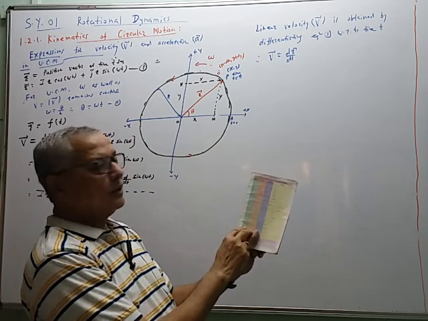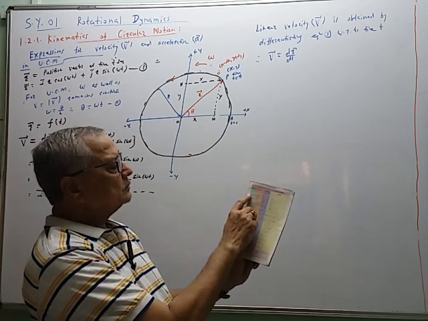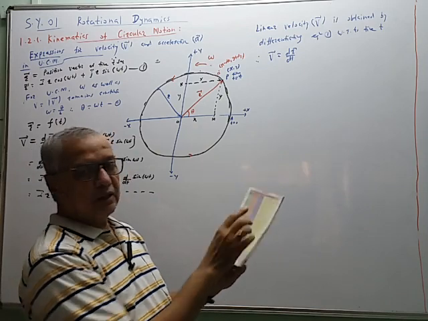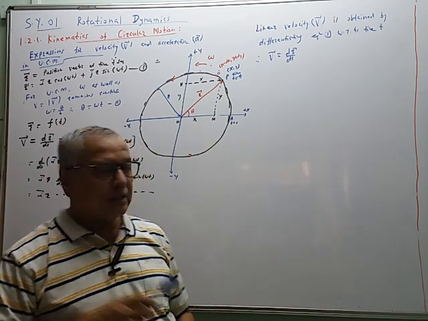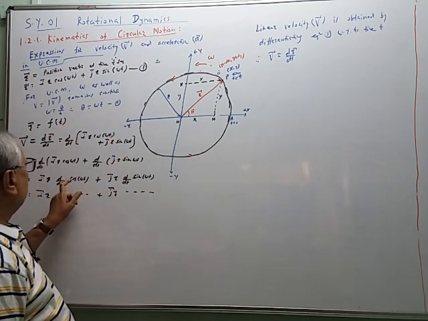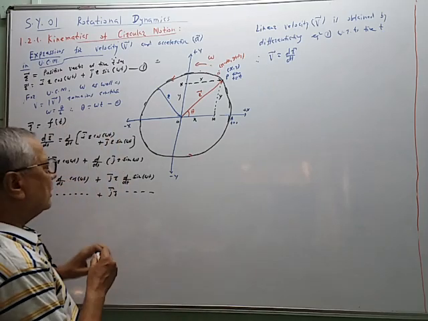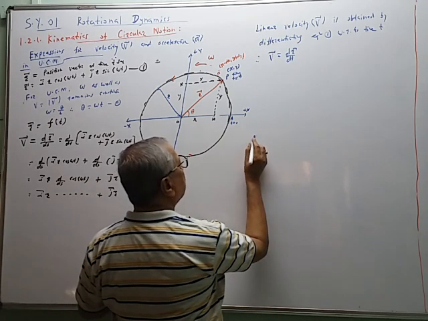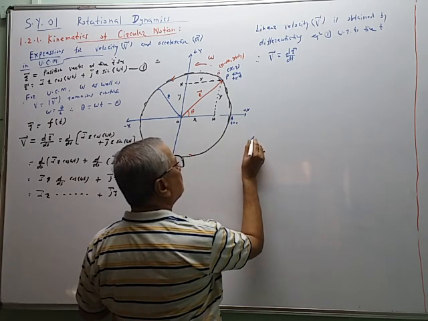We use only the derivative columns. Here the derivative of sin theta is given as cos of theta. So first we want to find this value, the d dt of cos of omega t.